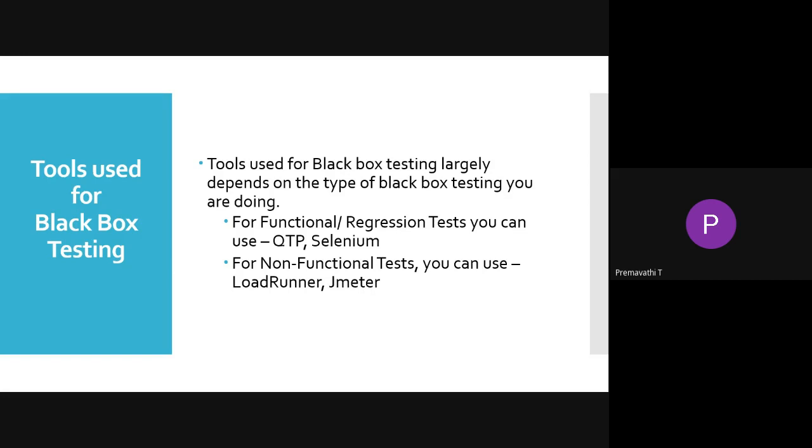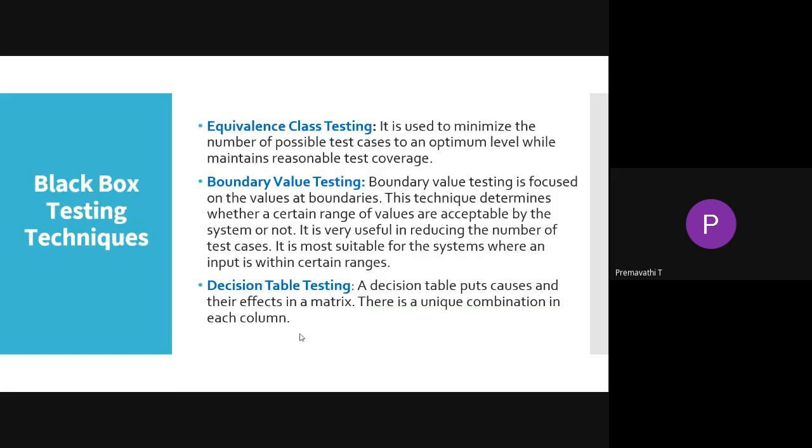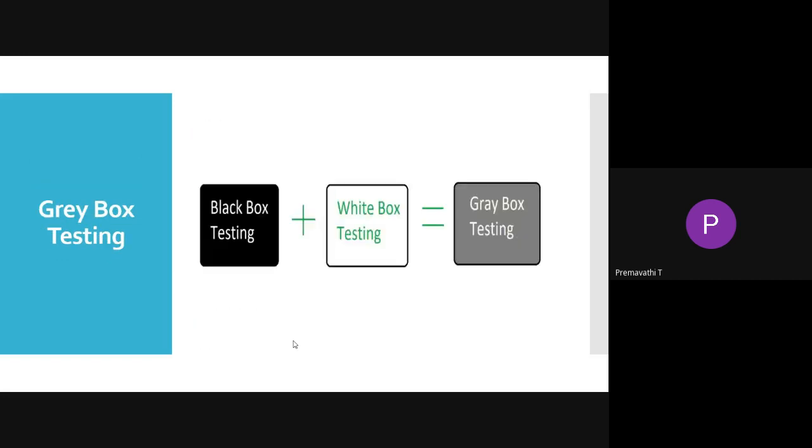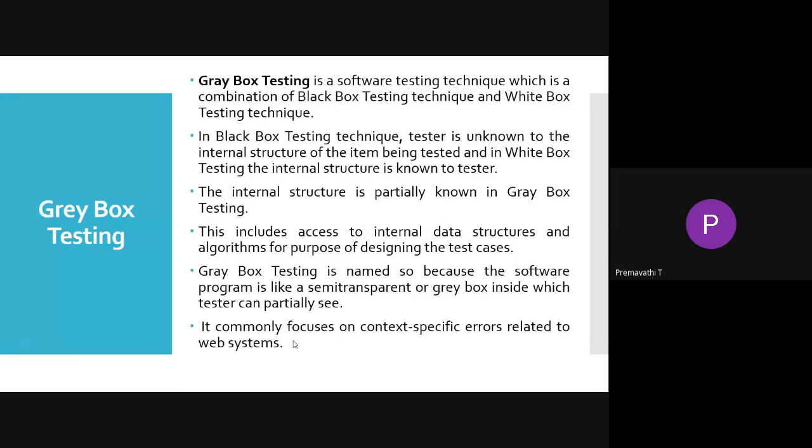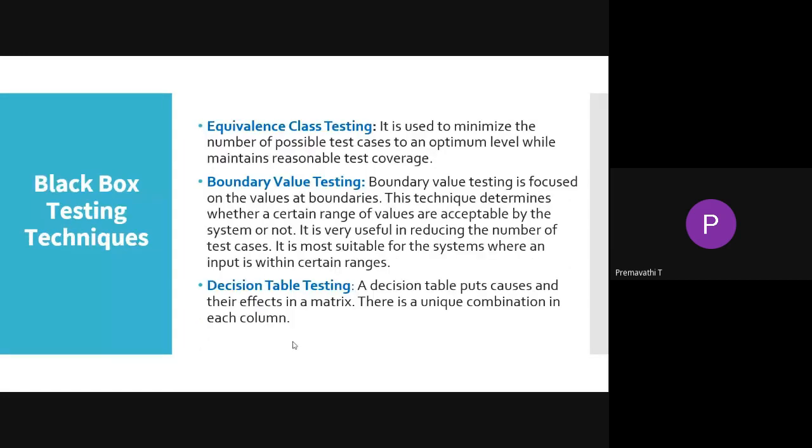And one more thing, black box testing techniques. These testing techniques we already know; we have seen them in the practical section, and you have also studied them in software engineering, right? Here, the techniques are equivalence class testing, boundary value testing, and decision table testing. These are the three techniques.